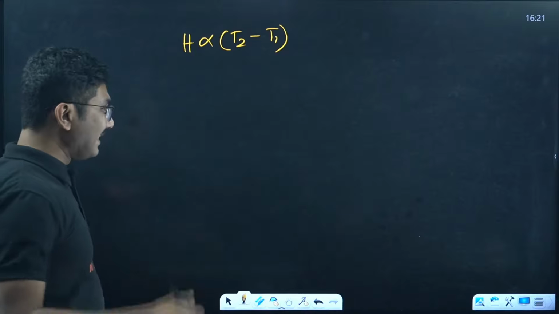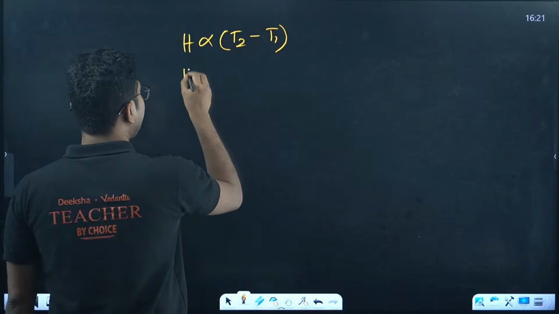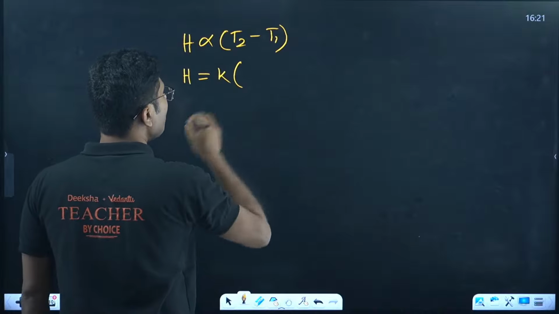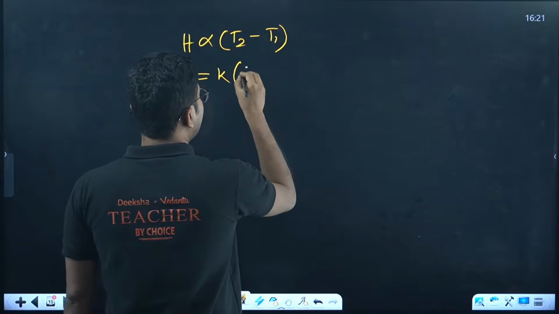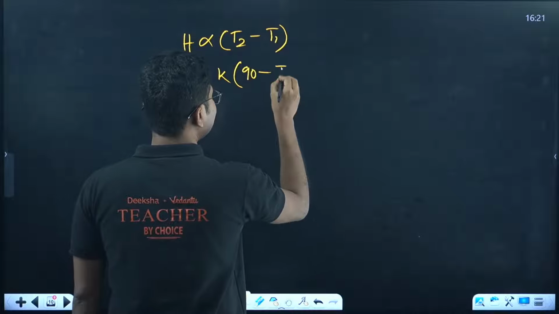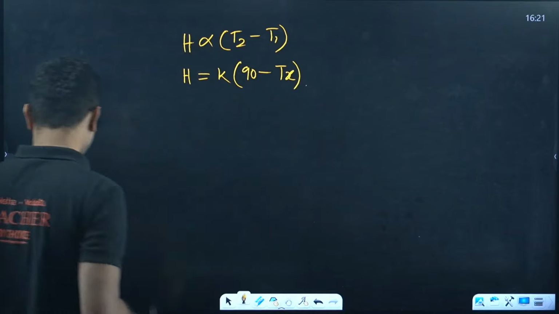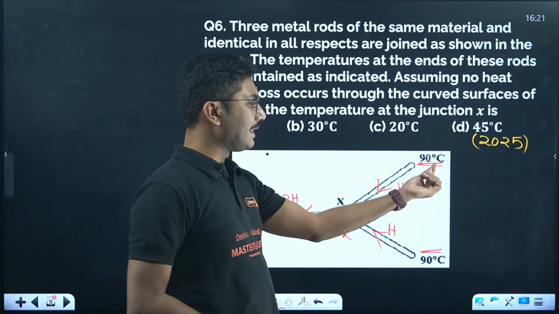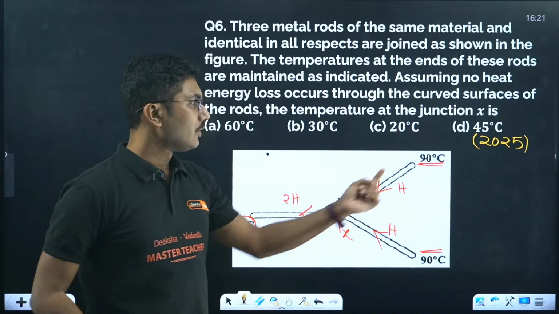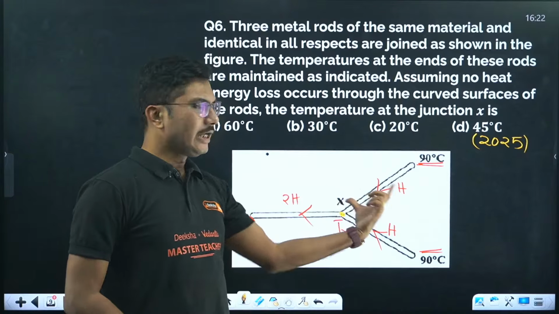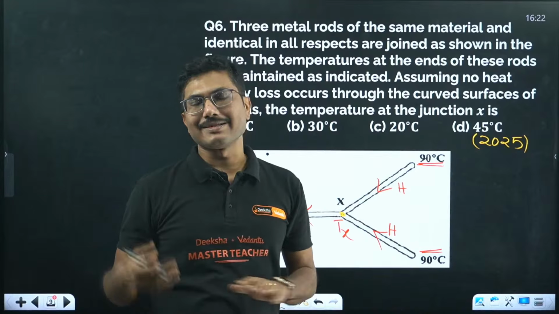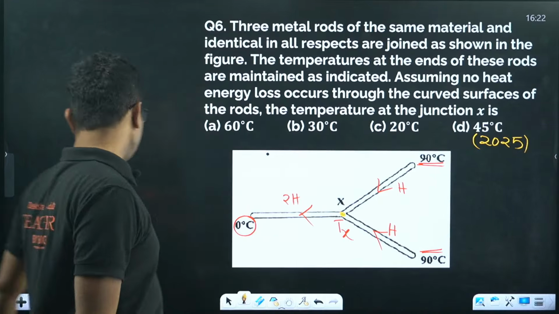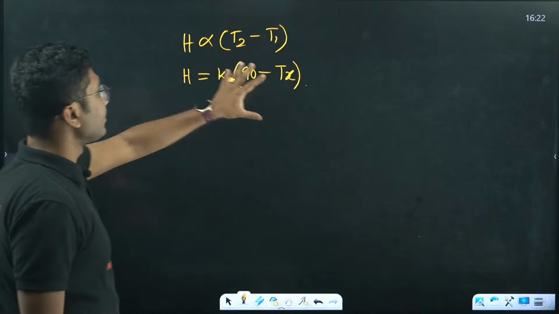In this particular case, H equals some constant K into 90 degrees minus Tx for the first two rods. 90 is higher, Tx is in between. So it is 90 minus Tx times some constant, because area, length, material, everything else is constant. So H must be proportional to this value.